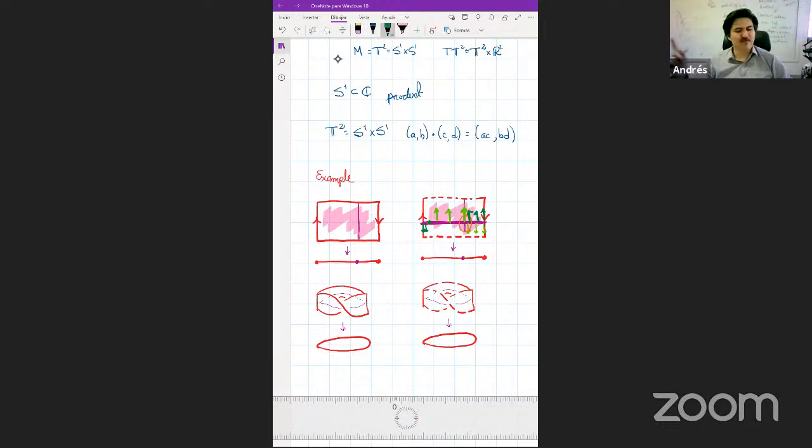So every time that you have a vector, it needs to vanish if you go all the way around. That's telling you that this space is not trivial. It doesn't look like the circle cross an interval.